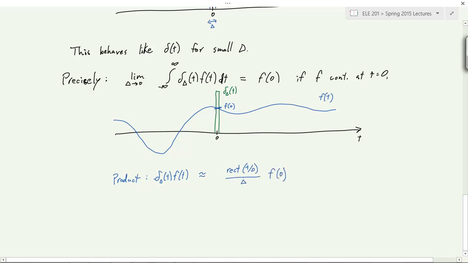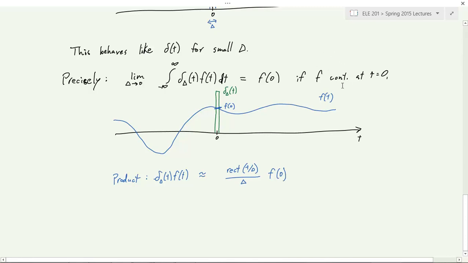Because that's how we've just approximated it for small delta. And now we can integrate this. The second part is just a constant. You get f of 0. This was only true because f is continuous there. If f was discontinuous, you wouldn't make that approximation. So that's why we always have this condition.